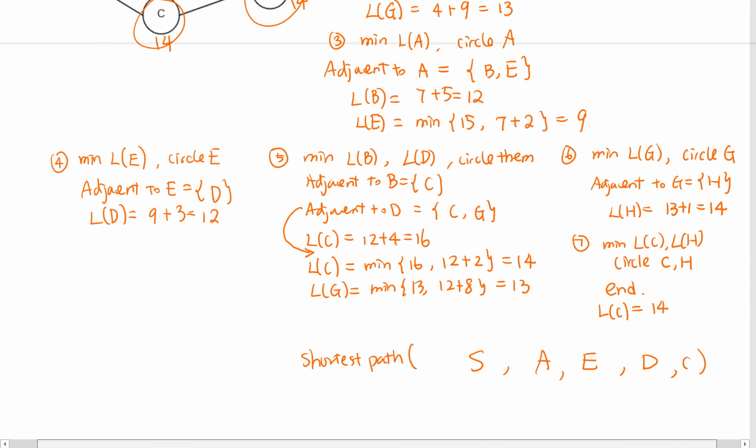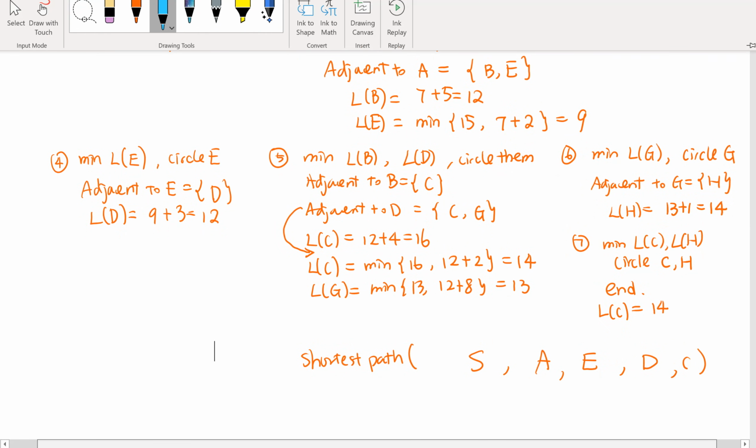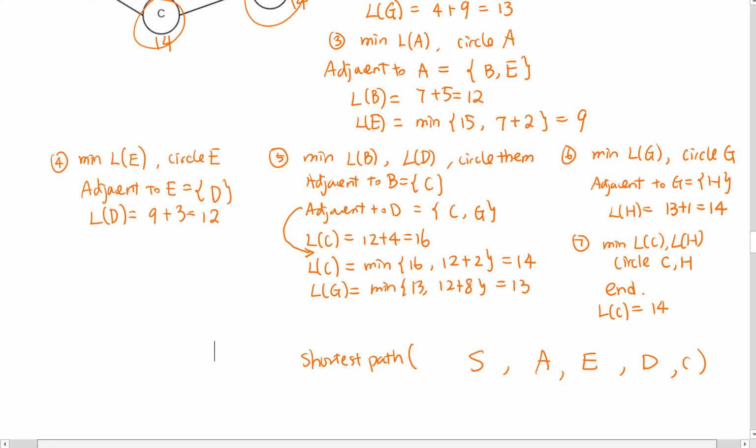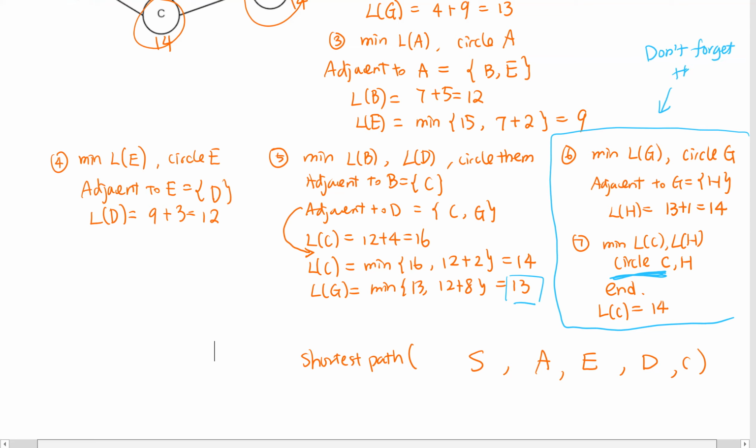I want to mention again because it's so important. Even though here you already get the shortest path, you still need to continue and show steps 6 and 7 until you are able to circle it. So don't forget these steps.